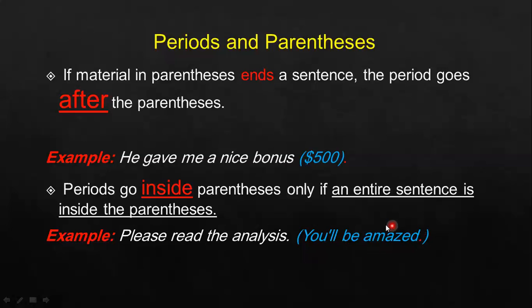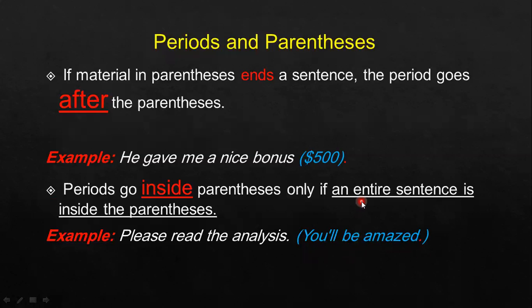You will be amazed.) In the first case, the $500 was a part of the sentence. But here, this is a separate part. You will be amazed is a complete sentence. So in this case, we use the period inside the parentheses.